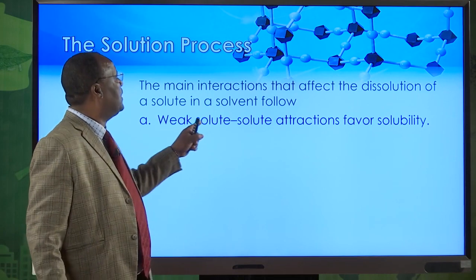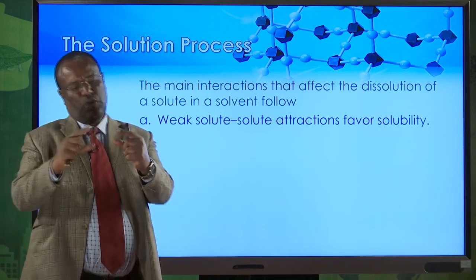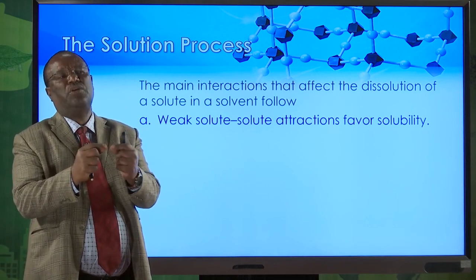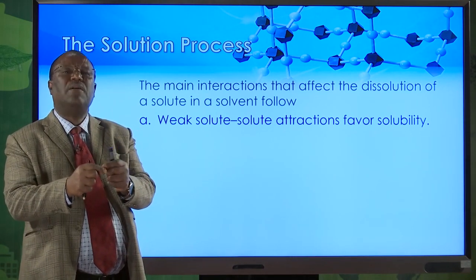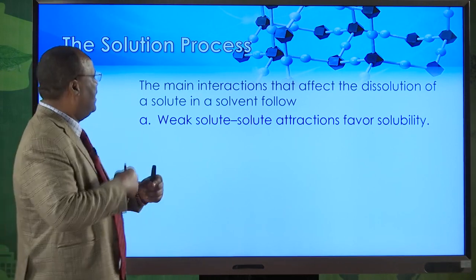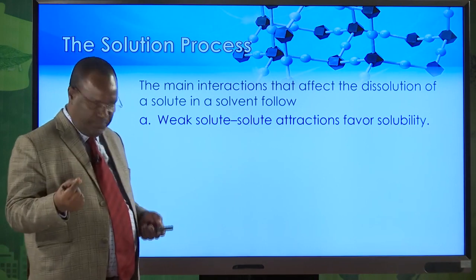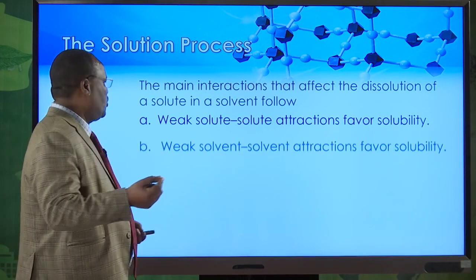Weak solute-solute interaction favors solubility. If there is weak solute-solute interaction, the interaction between the solid particles can be overcome by solvent-solute interaction, so solubility is favored.